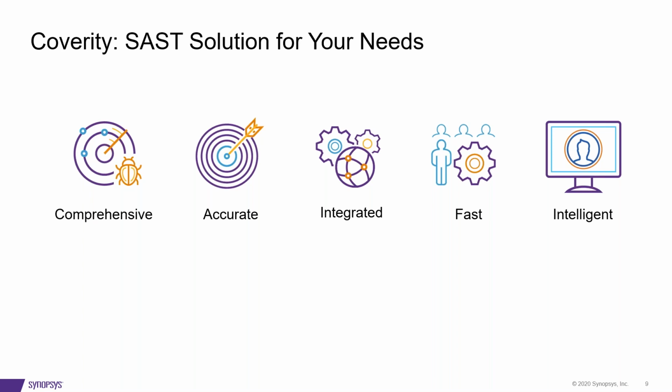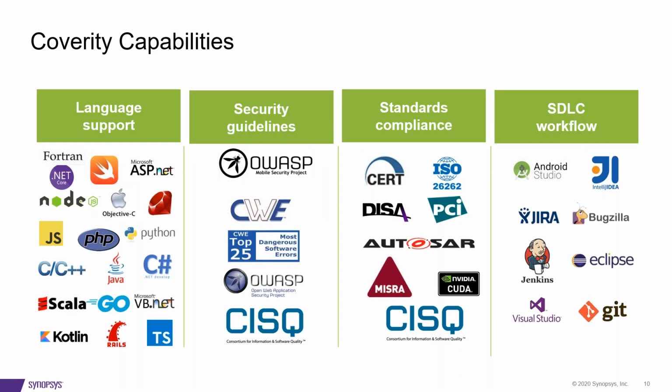There are dashboarding and reporting capabilities to help you track projects, assess risks, and prioritize fixes. These are some of the examples of Coverity capabilities in languages, standard support, and elements of SDLC workflow.